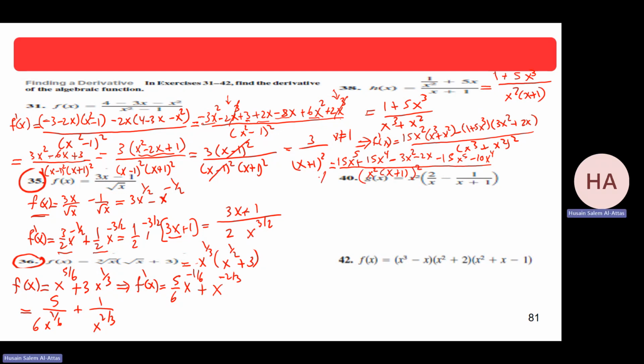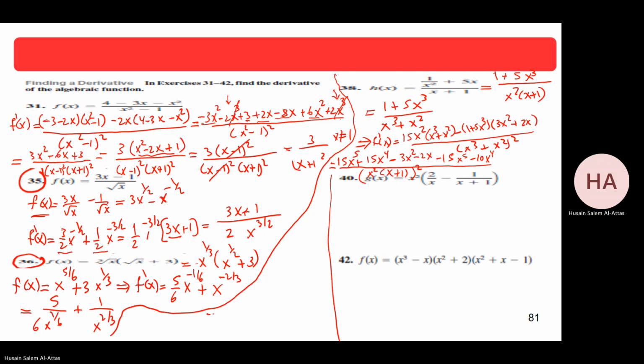Let me simplify it. Now I have 15x to the power 5, this is cancelled.